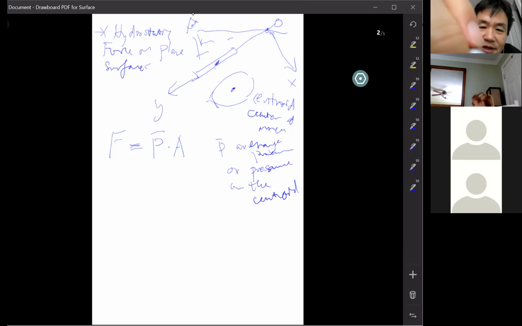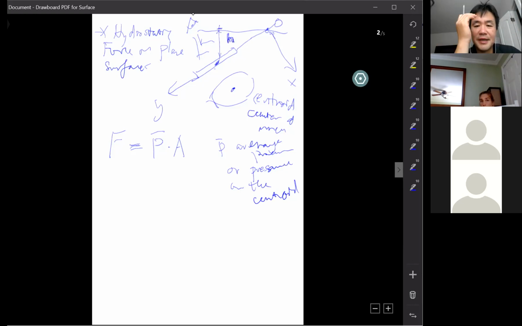So let's say the water depth at the centroid is H. So what is the pressure at the centroid? Anybody? So you have a central location.